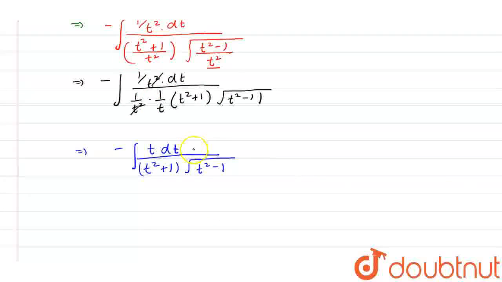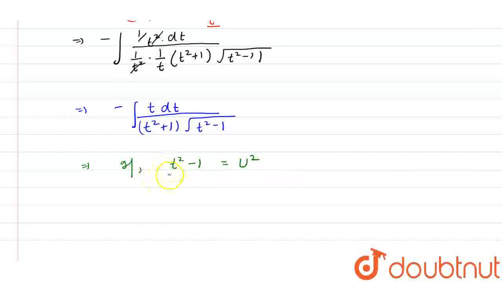Now if we take t square minus 1 is equal to u square, by differentiating both sides we get 2t dt is equal to 2u du. Now this 2 cancels.